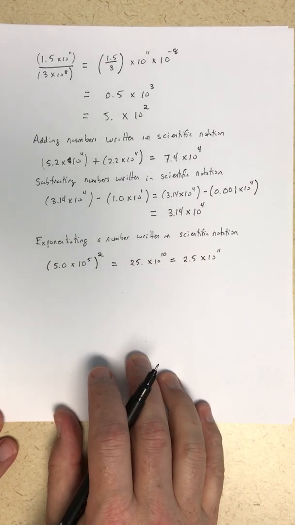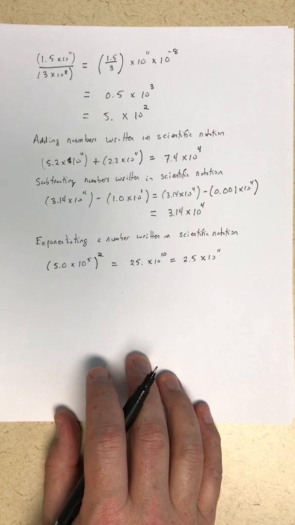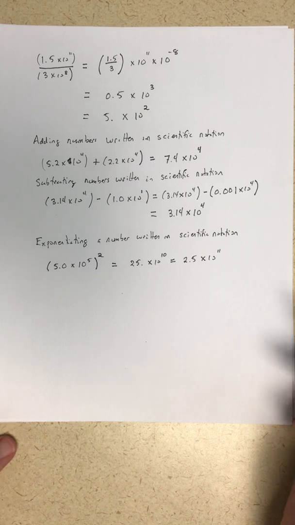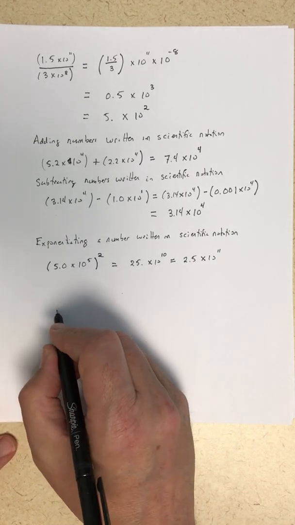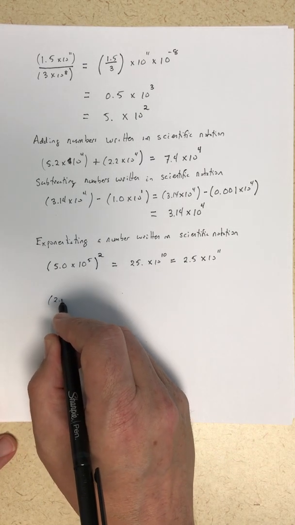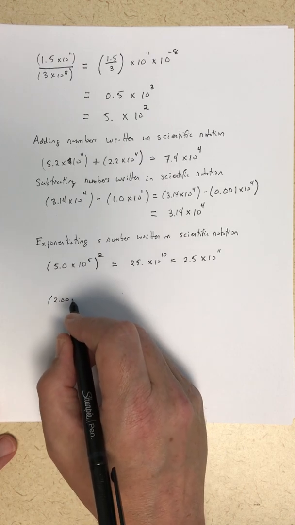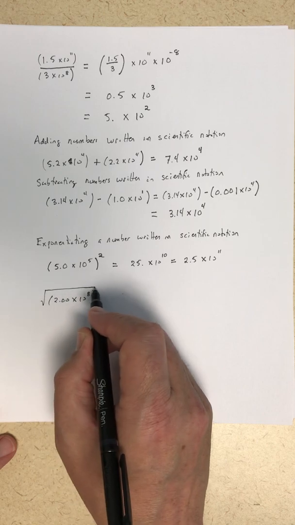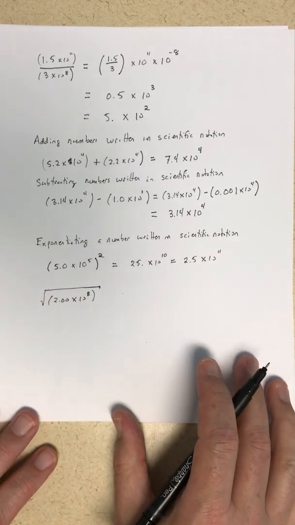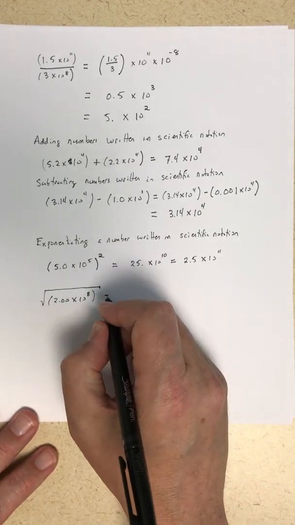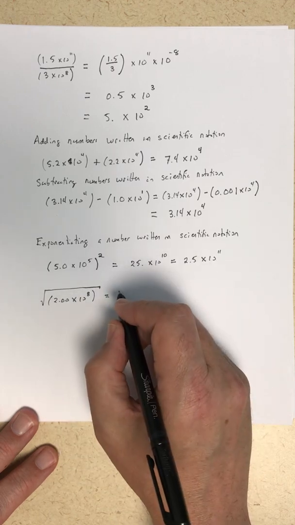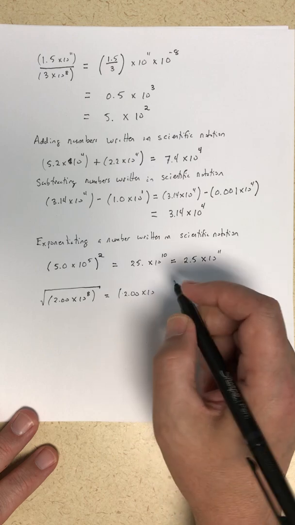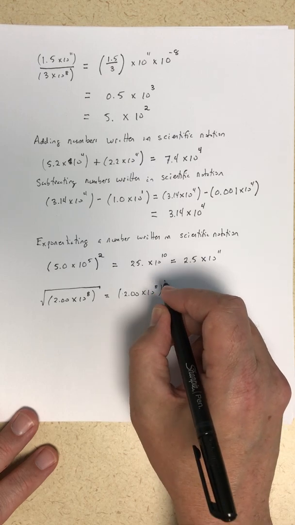All right, and then another example of using this pattern of exponentiating the significand and then multiplying exponents. Let's say we had the number 2.00 times 10 to the 8th, and we want to take the square root of that. Square root means the same as raising to the half power.